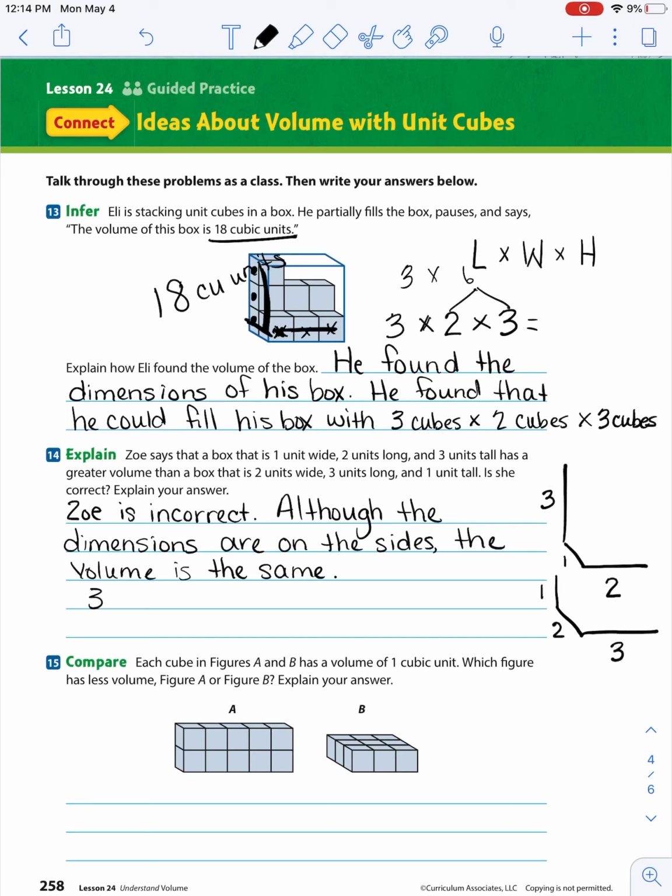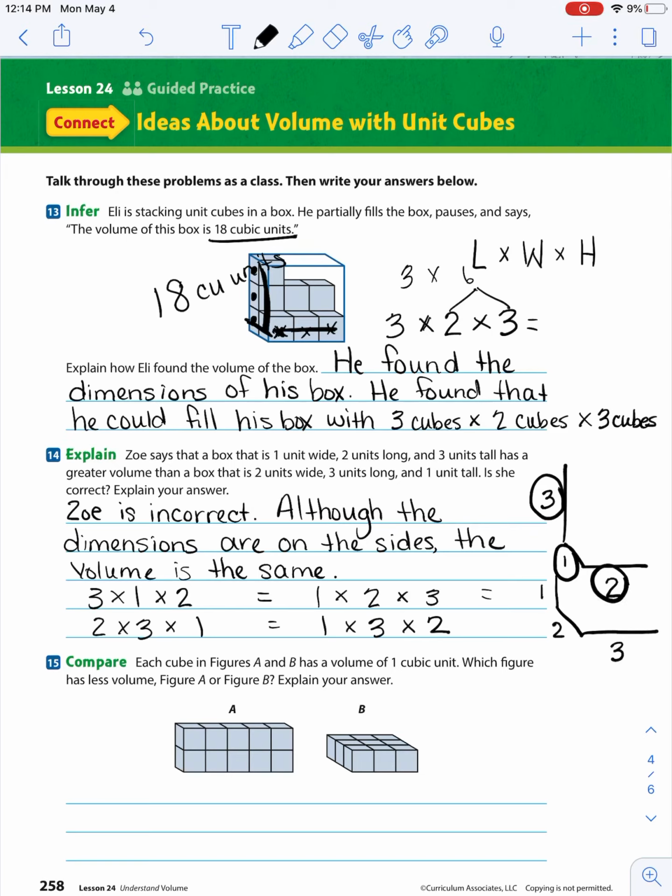A 3 by 1 by 2 is going to equal a 1 by 2 by 3, which is going to equal a 2 by 3 by 1. They're all going to come up to be equal no matter how I flip-flop those around. You can change, just like what you're going to learn next week, you can change around the shape, but if you keep the dimensions the same, what it will hold will be the same.